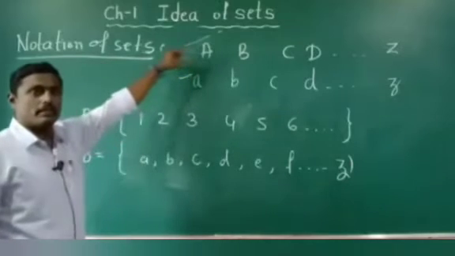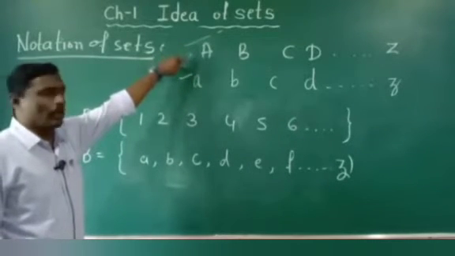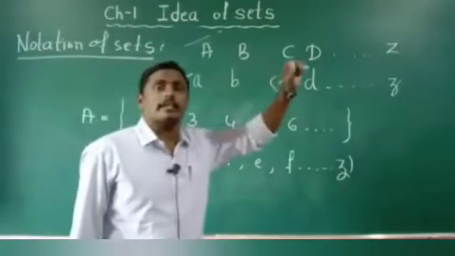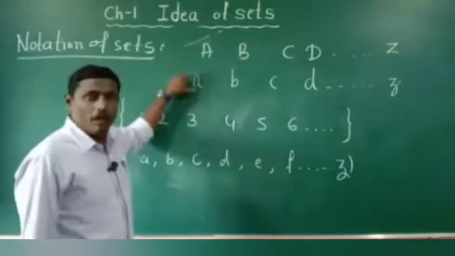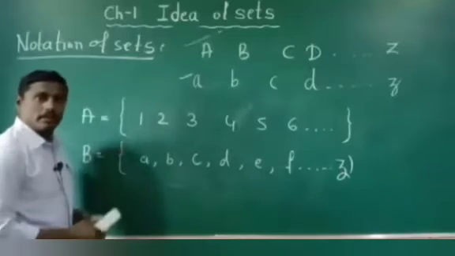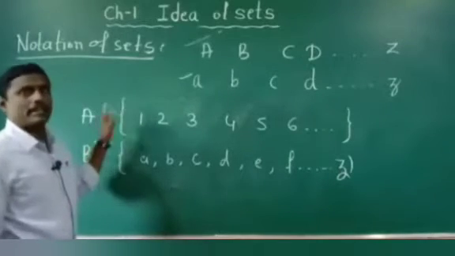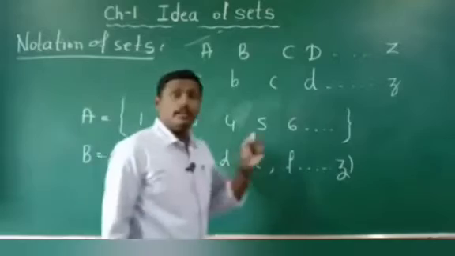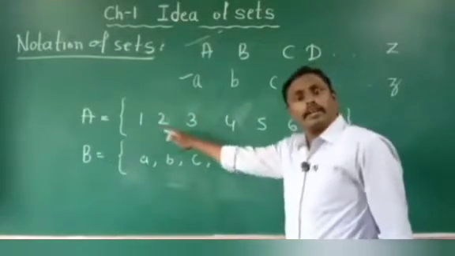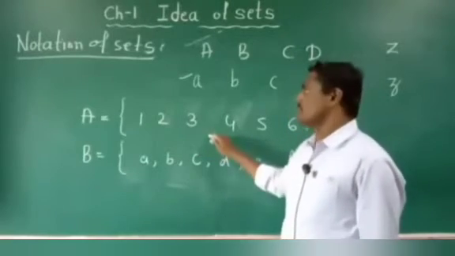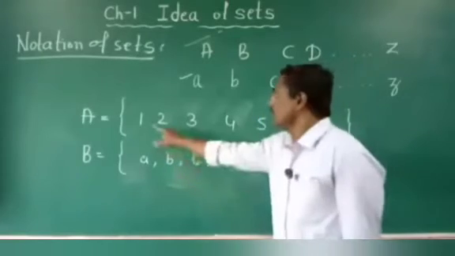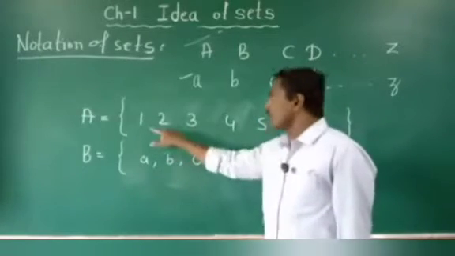First, we represent the set with capital alphabetical letters, whereas the elements or members existing in a set are represented with small alphabetical letters, and all the elements are written inside the curly brackets, called braces or flower brackets. While writing the elements of the set, we give some spaces between two consecutive elements.